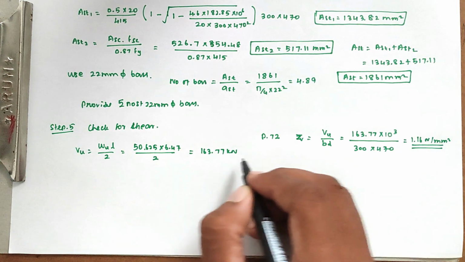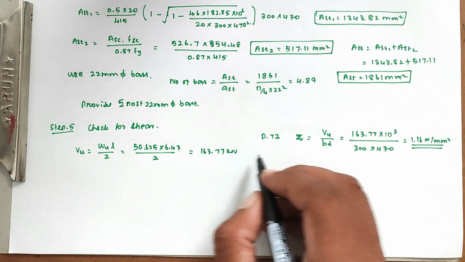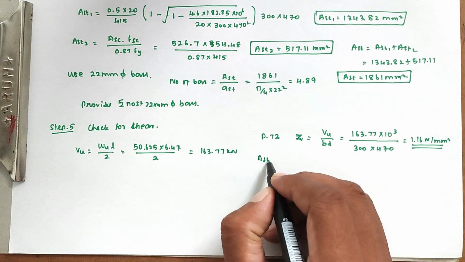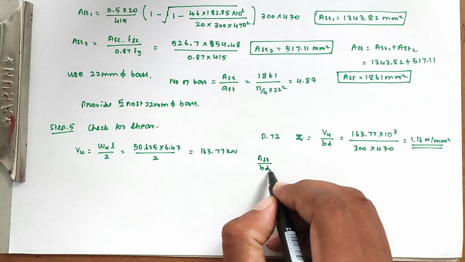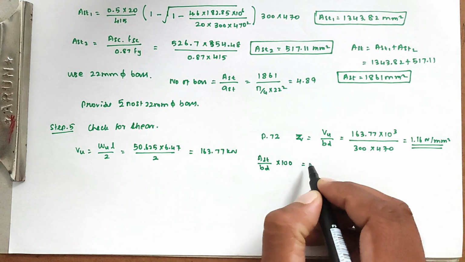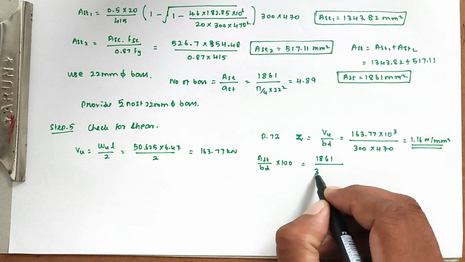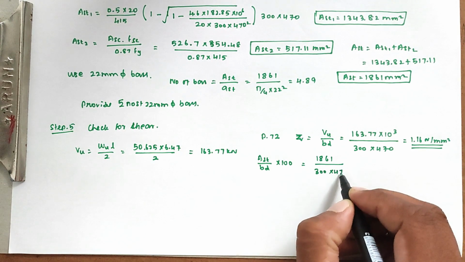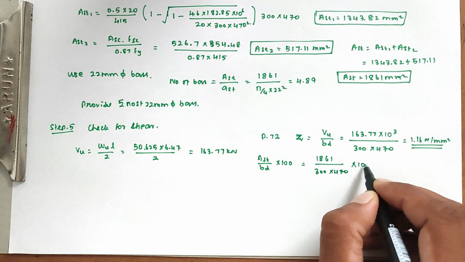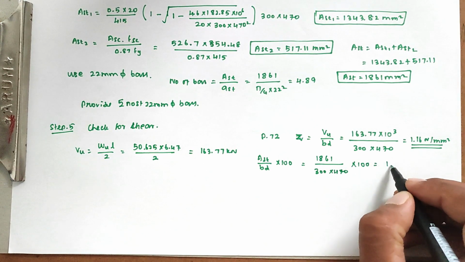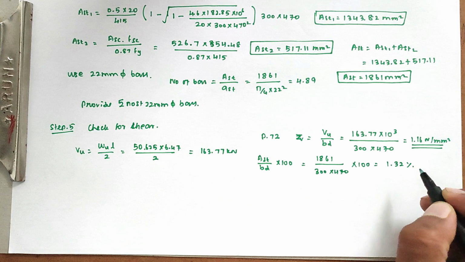So now we can find the percentage of tension reinforcement. So now the capital AST divided by BD into 100. So now we got 1861 divided by B value 300 into 470 into 100. So now we got the value of 1.32 percentage.